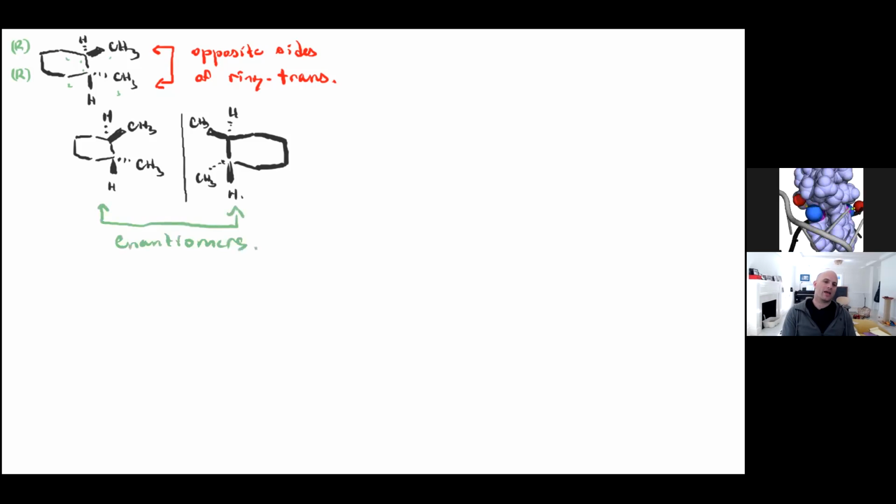Okay, and I can also get at this through the chair conformations. And so if we want to draw a chair representation of this molecule, okay, I've got this chair conformer, and I'll label the carbons again, okay?